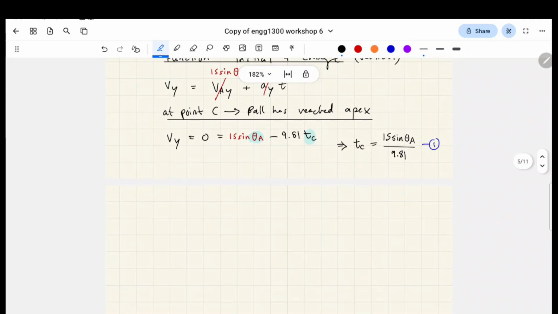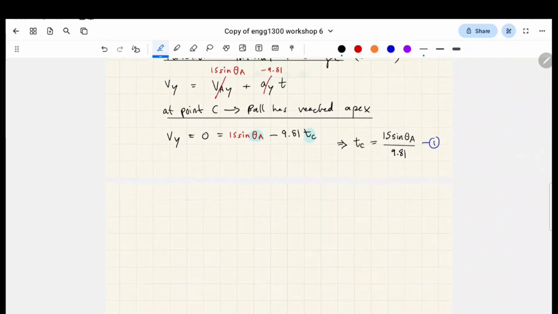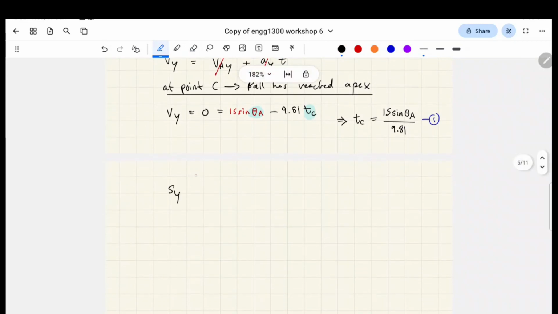Okay, so next, what I was saying earlier about the height of the house and the height of the person is that we know the vertical displacement which the ball has to travel upwards, right? Because we were given that the house was 8 meters above the ground, and the person was 1 meter above the ground. So we're going to derive a function for vertical displacement.